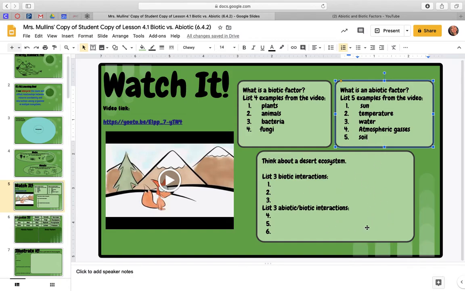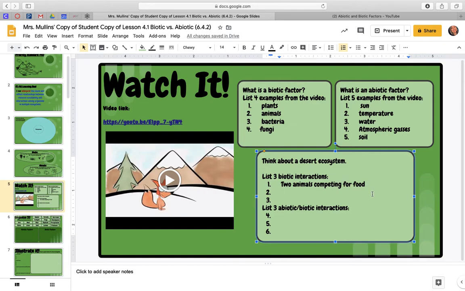So then what I wanted you to do is to think about a desert ecosystem and then go in and list 3 biotic interactions and then list 3 abiotic and biotic interactions. So what we might have here, just for example, is if we had 2 animals competing for food. So that is an interaction. An interaction would be one or more things.